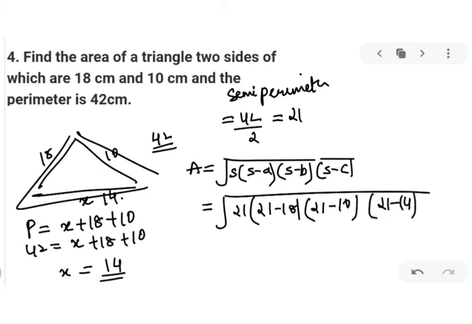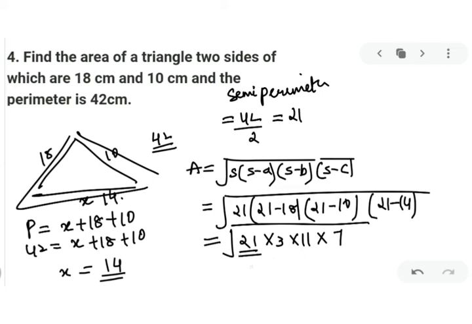Once you solve this, you will get something like this: 21 minus 18 is 3, 21 minus 10 is 11, and 21 minus 14 is 7. These are all under the root. Clear?